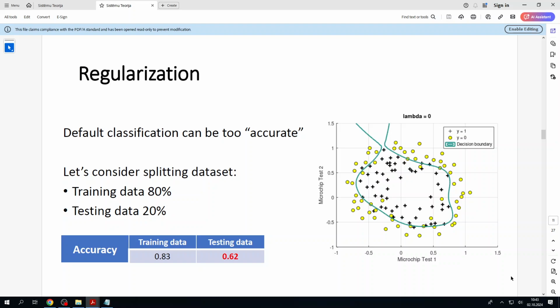You can consider maybe this is the size of the microchip, maybe it is too small or too big, and we want only microchips matching a certain size, which will be in a certain circle inside of this data set.